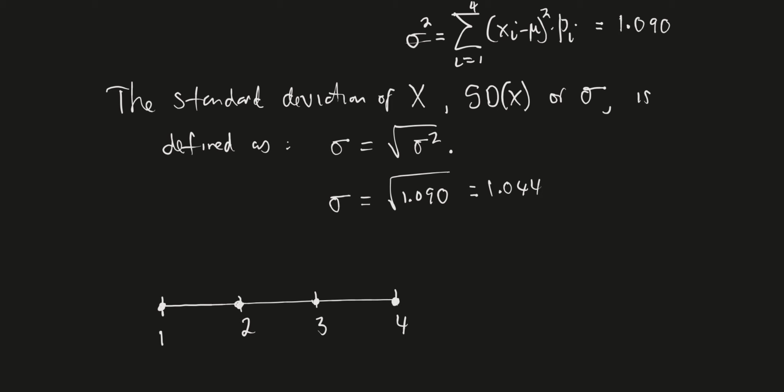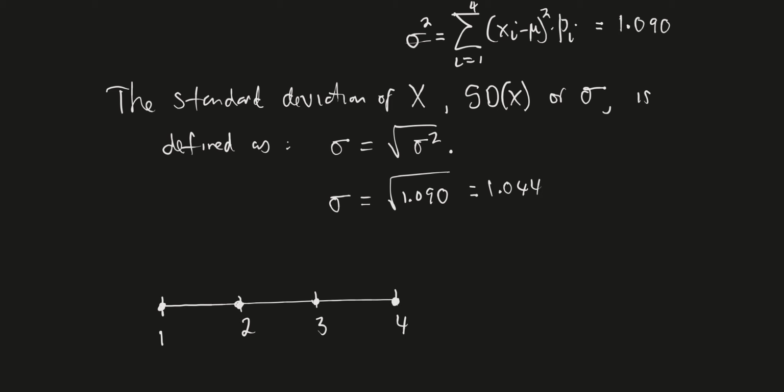Previously, we talked about what the mean could mean. The 2.9, which is roughly around here, is this location, the 2.9, which is our mu, our mean.